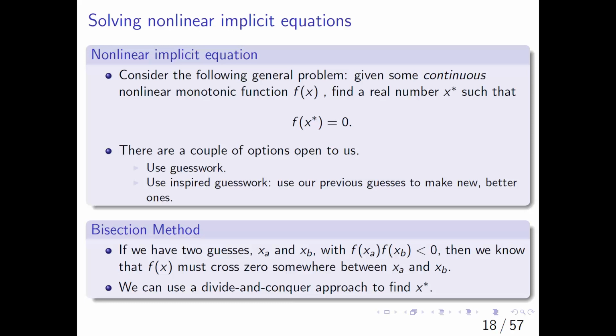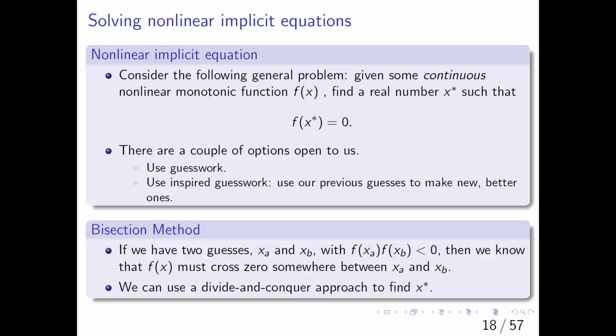You see, our target is to find a solution f(x star) that makes the function equal 0. Now we found two guesses, xa and xb, then the values of the function at these two points have opposite signs. So that means the product is negative.